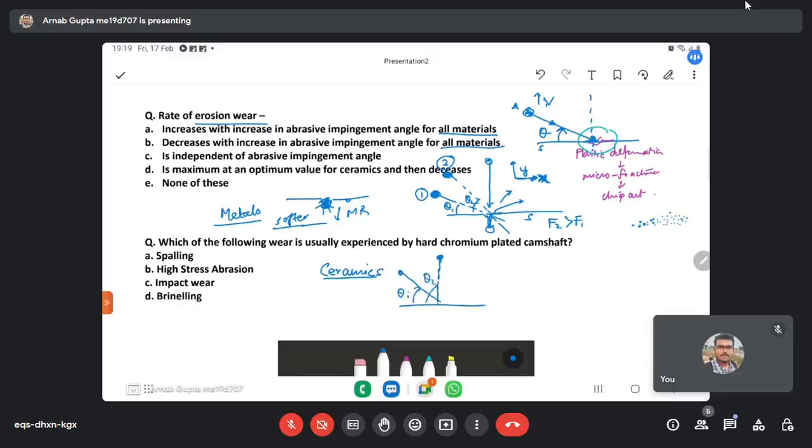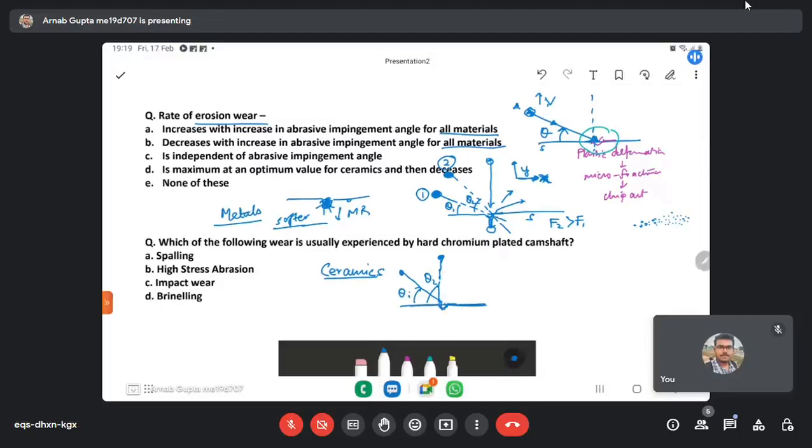At theta 2, since the material may fracture by brittle fracture mechanism, so here as I said, for ceramics at higher values of angles, the material failure, like the chip off, will be higher.